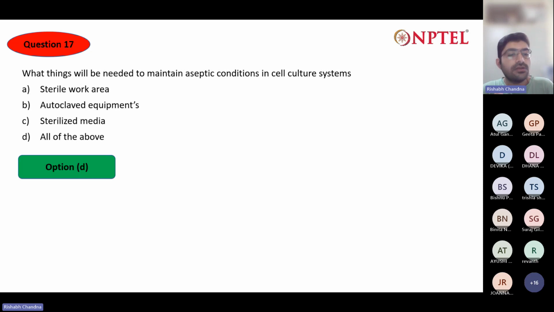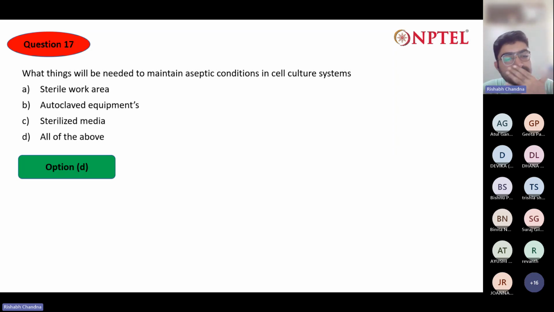Media is generally not autoclaved in the case of animal cell culture because certain components, for example antibiotics, will get denatured by autoclaving. So we generally filter sterilize that media for animal cell culture.